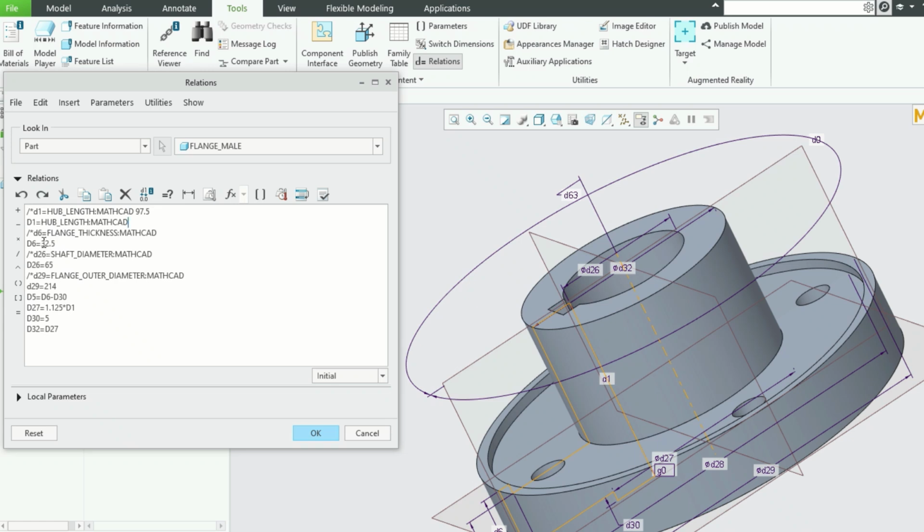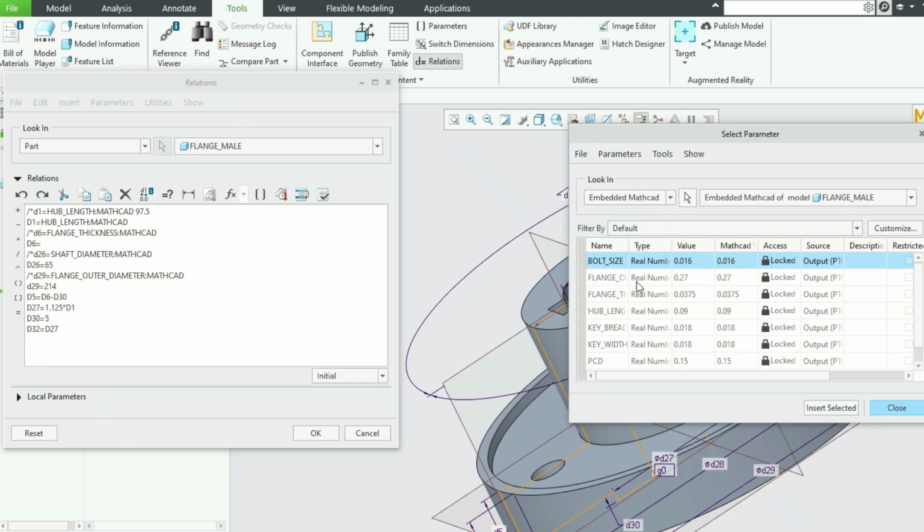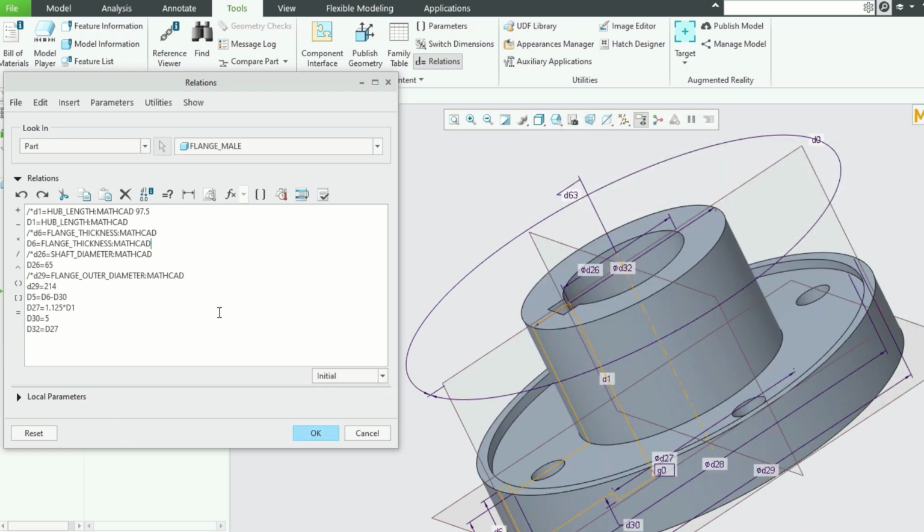Okay, and D6 is the flange thickness, right? Back and insert from the list and look in embedded Mathcad and take the flange thickness, insert the selected.